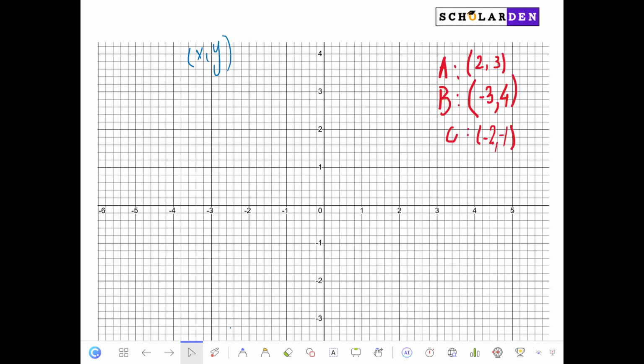And the value along the y-axis is 3. So let's say this is 2 over here, and this is 3 over here. So the point A actually lies where the value of y is 3 and the value of x is 2.